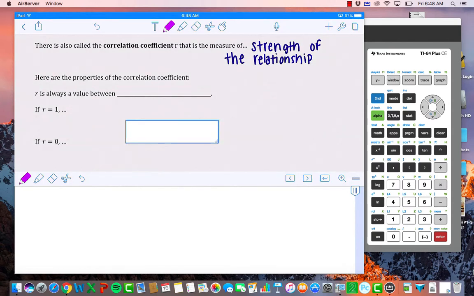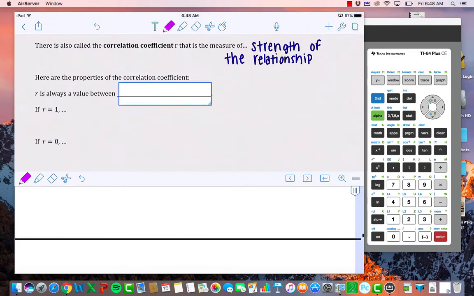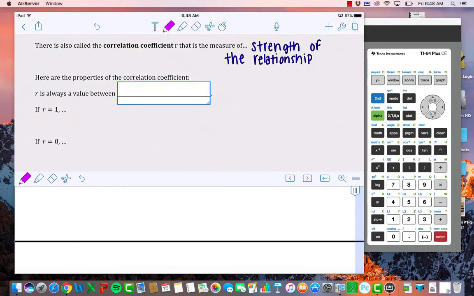So again, we were talking about that the correlation coefficient measures the strength of the relationship. And we use the variable r to talk about the correlation coefficient. And it's always a value for a line between -1 and 1.